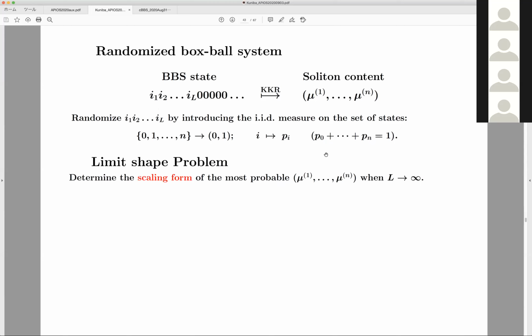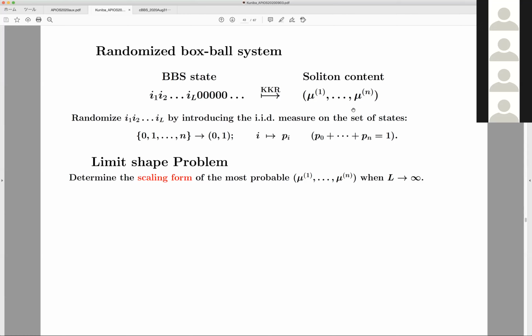Now it induces a non-trivial measure on the set of soliton contents, the Young diagrams, via this KKR bijection. So at this level, this is just IID, very simple. But the more intrinsic data we know are the conserved Young diagrams. And so the basic question is how this natural simple IID measure is induced up to a measure on the soliton content.